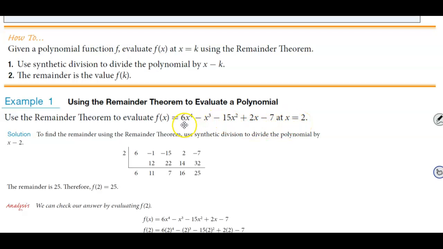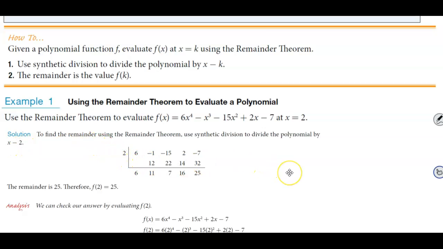We take the coefficients of the entire polynomial and place them here: 6, negative 1, negative 15, 2, and then negative 7. Since x is equal to 2, it's the same as using synthetic division to divide by x minus 2. So here's our 2.